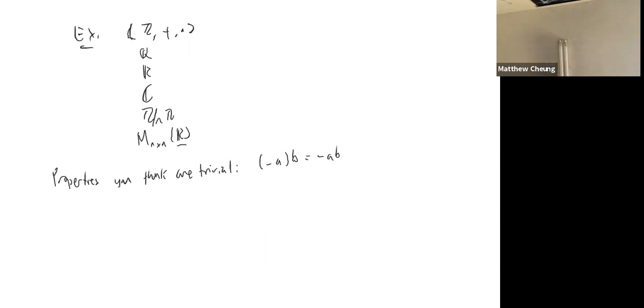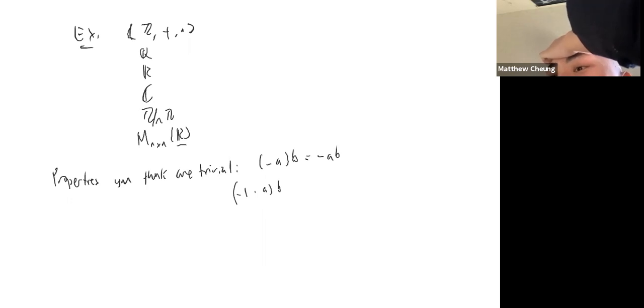So you would say this is dumb because this is negative 1 times a. No, because you would think this, right? And then associativity gives this, which is this, right? But let me ask you, in the definition of a ring, what is negative 1?